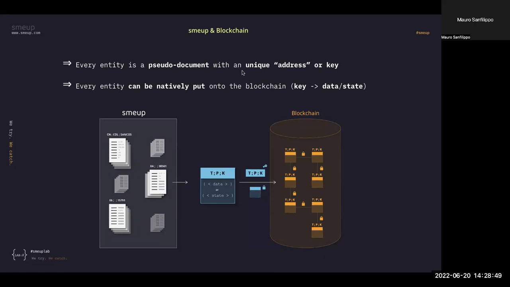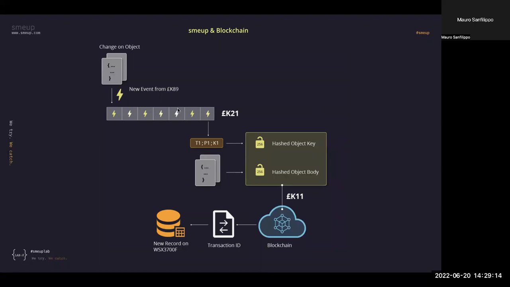But in SMAP, we already have this, so every entity can be natively put in the blockchain, because we have the key and the data already ready for being put onto the blockchain. The data or the state of the object depends on what kind of object it is.